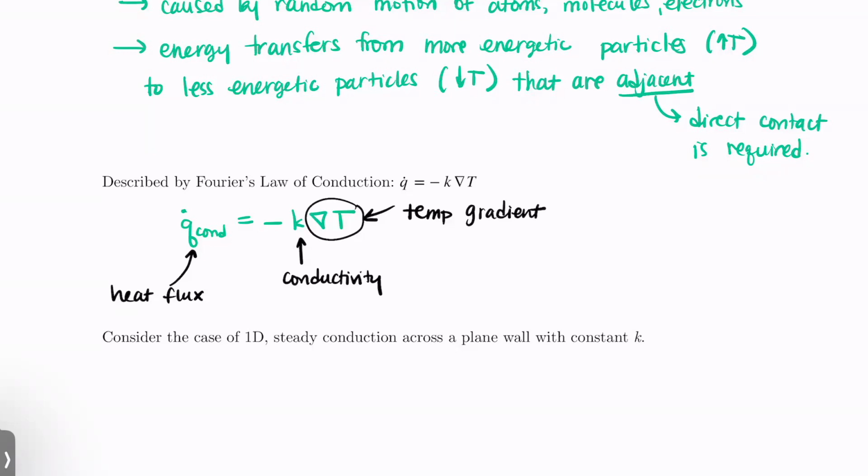All right, the negative sign may seem a bit curious, but essentially it arises because heat is going to flow from hot to cold. So we need that negative sign to account for that. If this is x and this is temperature, and we have temperature at 1 higher than temperature at 2, which direction is Q dot going to point?